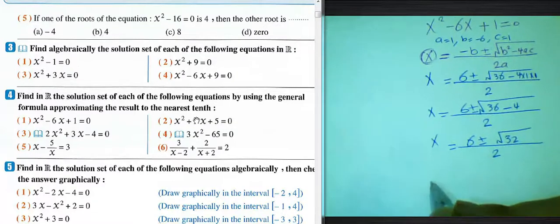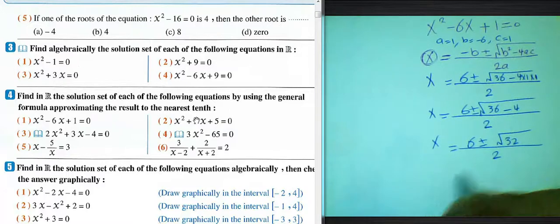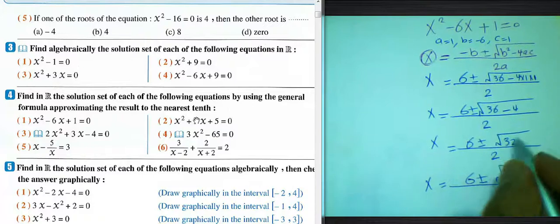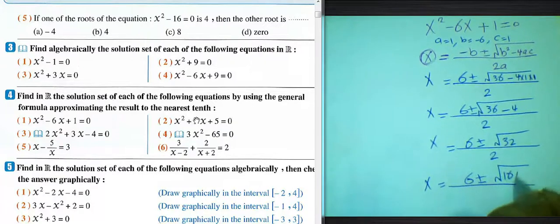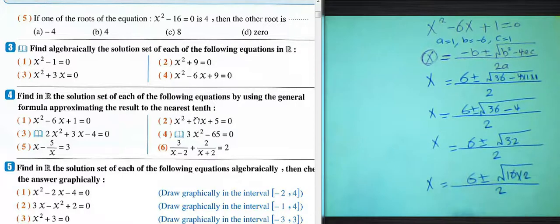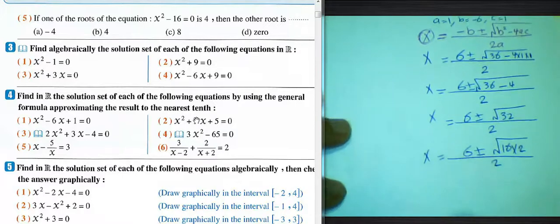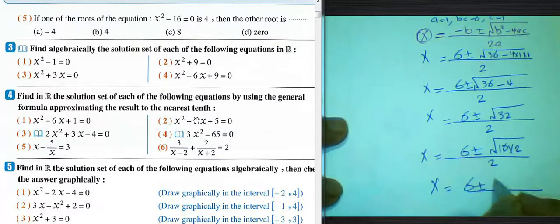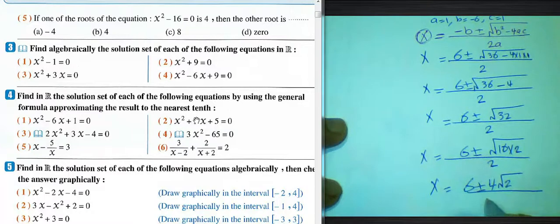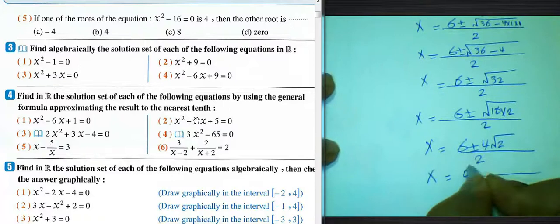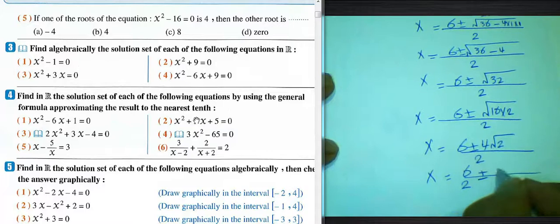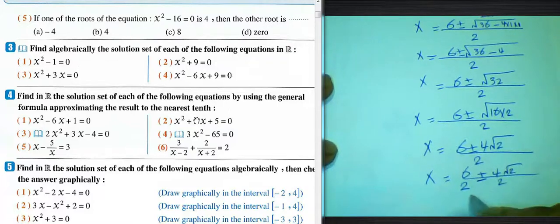We can simplify it because 32 equals 16 times 2. Under the square root 16 times 2, we can find the square root of 16 equals 4 and move it out. So 4 square root of 2 divided by 2, and we can write x equals 6 divided by 2, positive or negative, 4 square root of 2 divided by 2. It's okay.